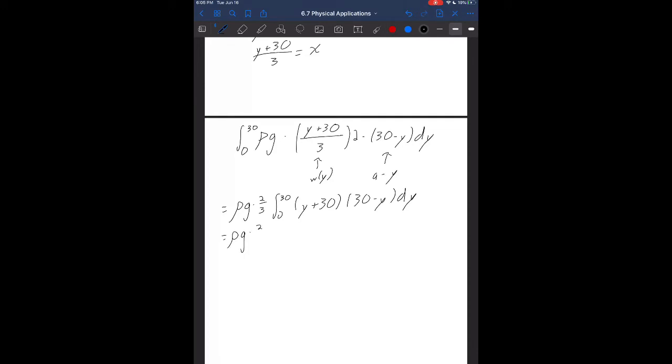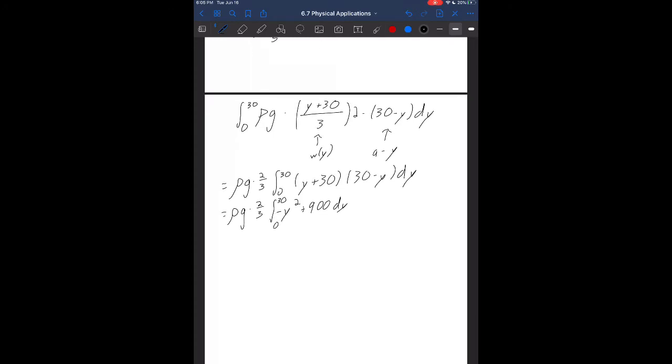Foiling this out, rho g times 2/3, we get a negative y squared, looking at the last terms, negative y squared. We get a positive 30y looking at the first terms, and a minus 30y looking at the last term, so that's going to cancel out. And finally, looking at the inside terms, we're going to get a 900, so plus 900 dy evaluated from 0 to 30.